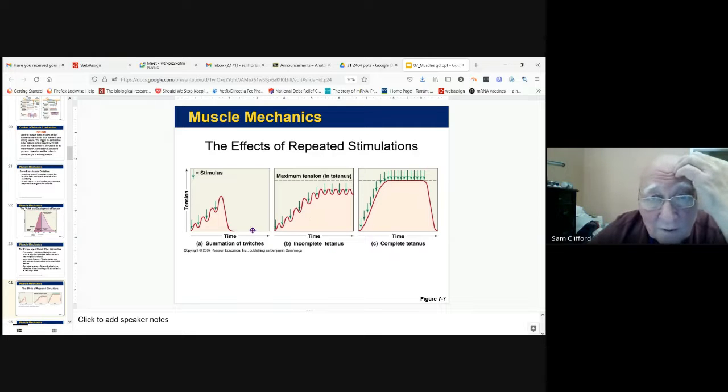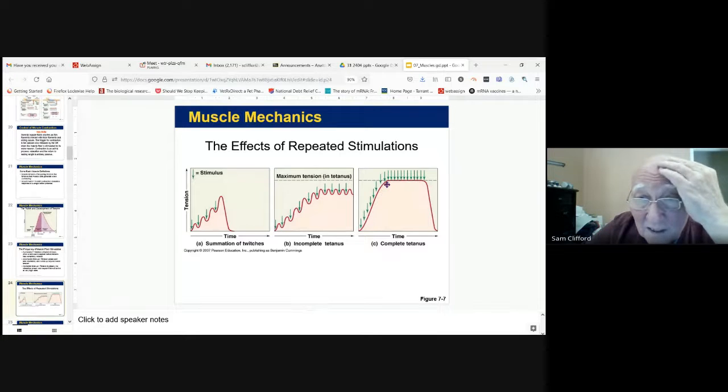So when you have repeated stimulations of a muscle, you can see that following each contraction, if the next stimulus arrives before the muscle can relax, you start to build up tension. Incomplete tetanus is when you have the muscle contracting, relaxing, contracting, relaxing.